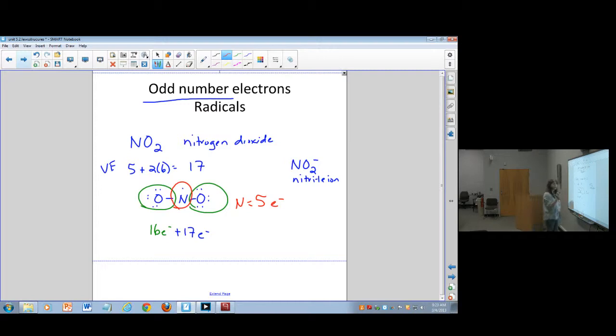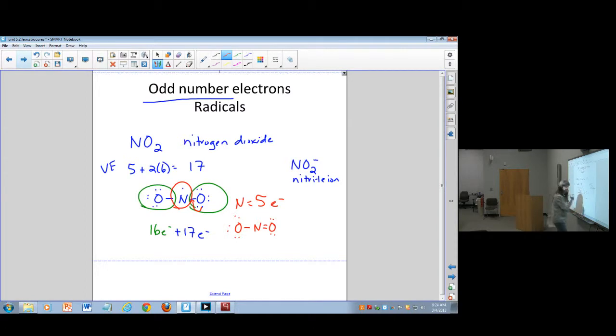So I need to rearrange this to get it at least to where I've got as close to an octet as I can get. And so in this case, I'm going to make a double bond here. That'll leave me with 2 sets of lone pairs. I'll make this an octet still.